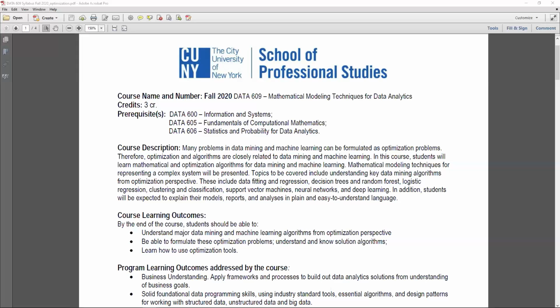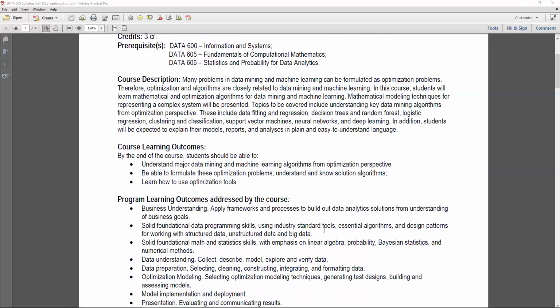So now you can get a perspective on what we're trying to do in this particular course. Again, in summary, we want to take a fresh optimization perspective on machine learning and data mining algorithms. Not all of them, but at least the key ones.